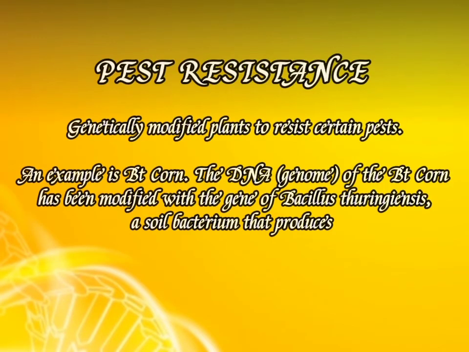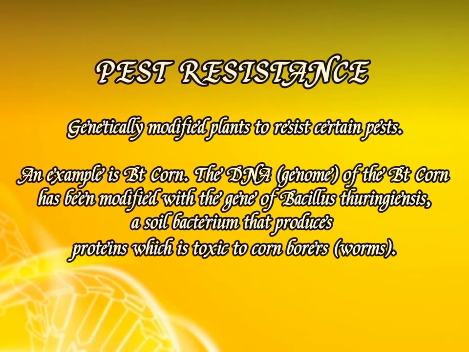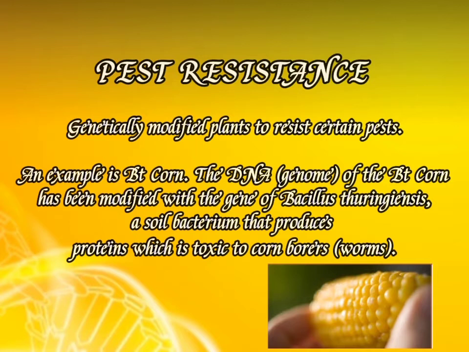Let's start with pest resistance, or genetically modified plants that resist certain pests. An example is Bt corn. The DNA of Bt corn has been modified with the gene of Bacillus thuringiensis, a soil bacterium that produces a protein which is toxic to corn borers.